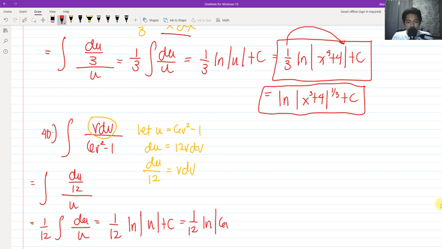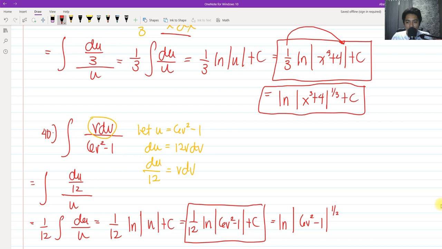So we have 6v squared minus 1 plus c. This could be the answer. Or, again, just like what I've told you, we have ln of the absolute value of 6v squared minus 1, then raised to 1/12, plus c. That would be our final answer for this given integral.